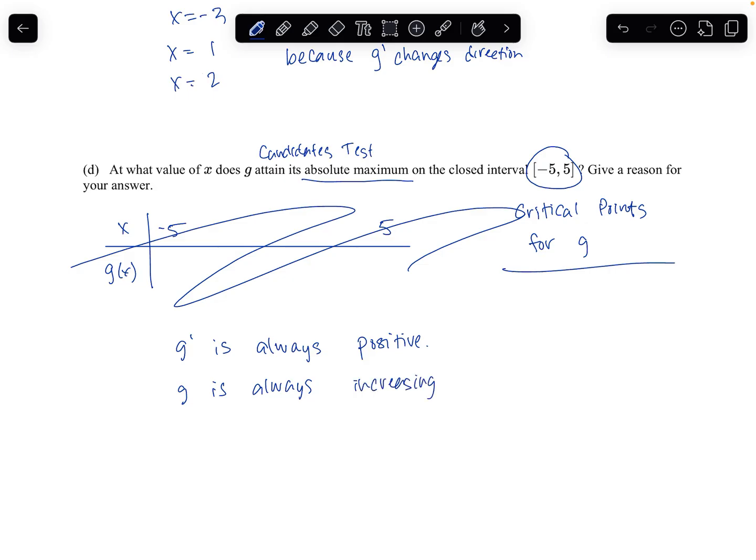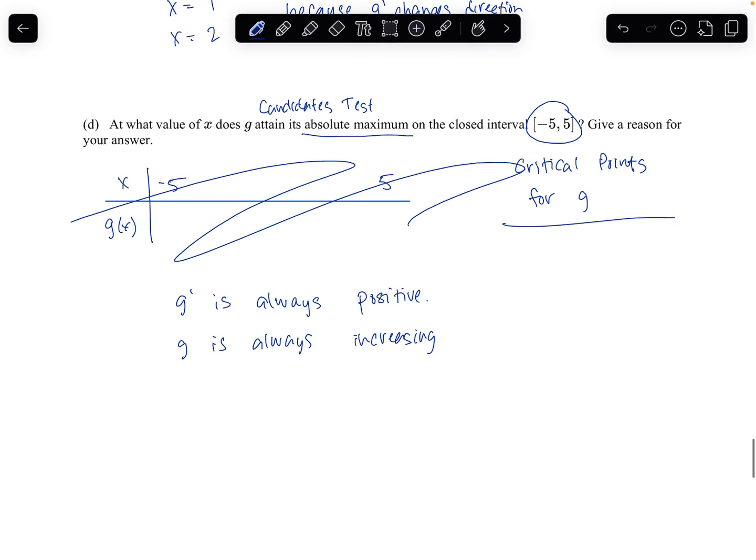And if g is always increasing from -5 to 5, that makes x equals -5 the absolute minimum, and x equals 5 has an absolute maximum. Again, it's just because you have a graph and it's always increasing.